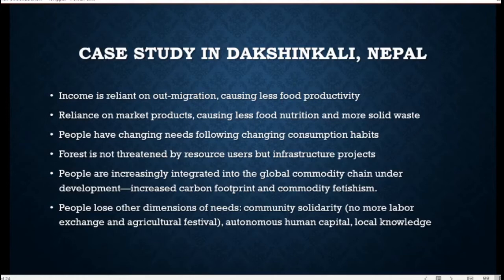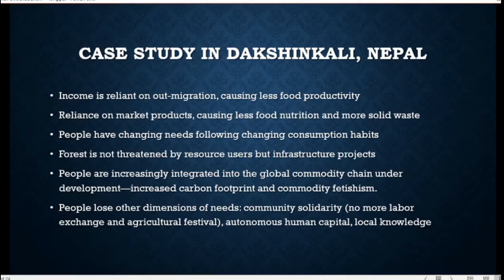And also, people lose autonomous human capital. Especially after the April 2015 earthquake in Nepal, the country discovered that there was a lack of human capital and human labor to rebuild the country, because most of the young, able and skillful human labor were out of the country. So there is a lack of human resources generally to develop their country.